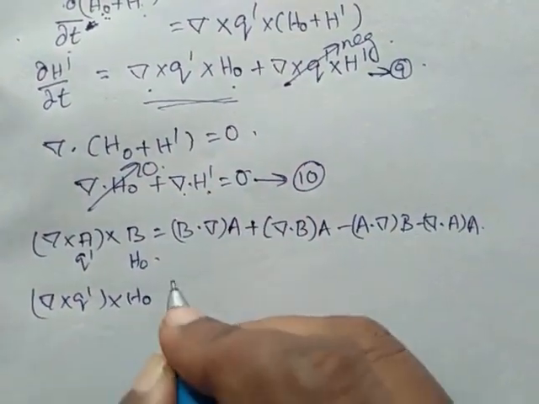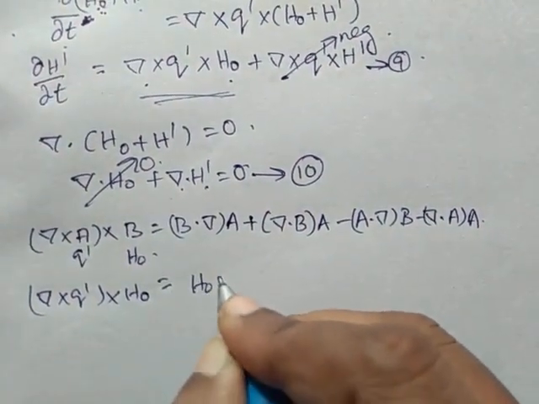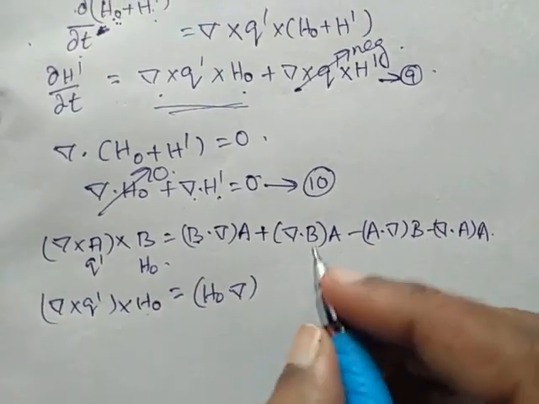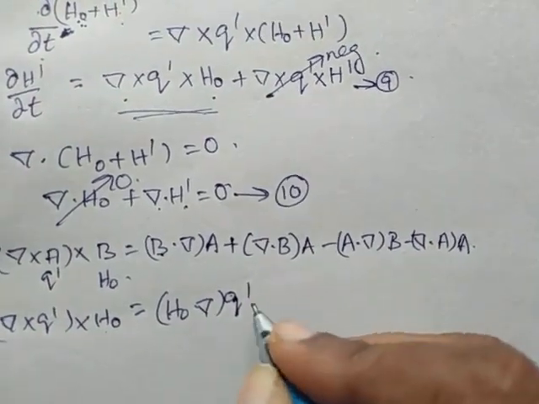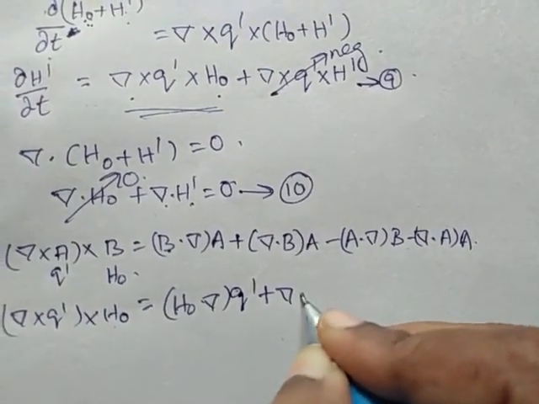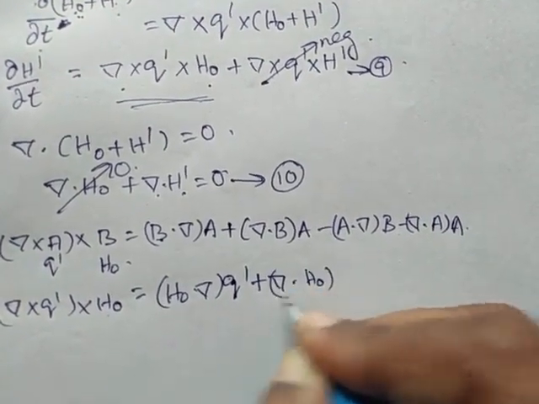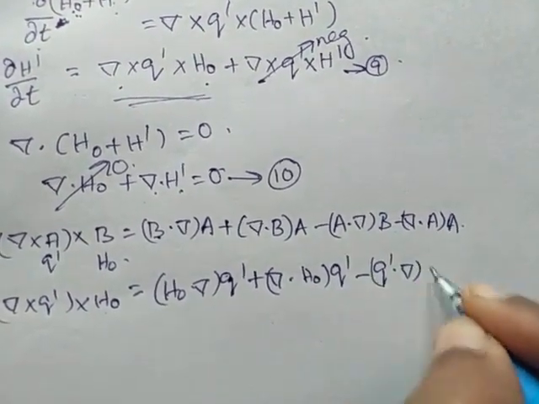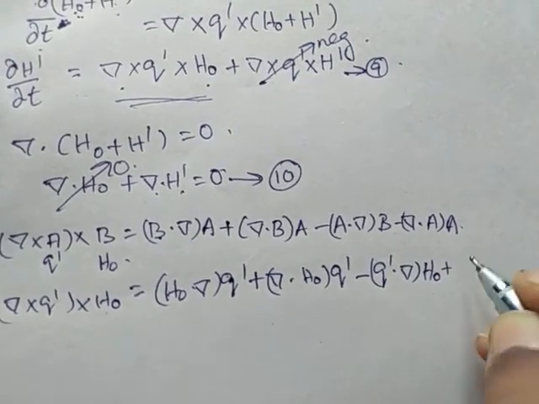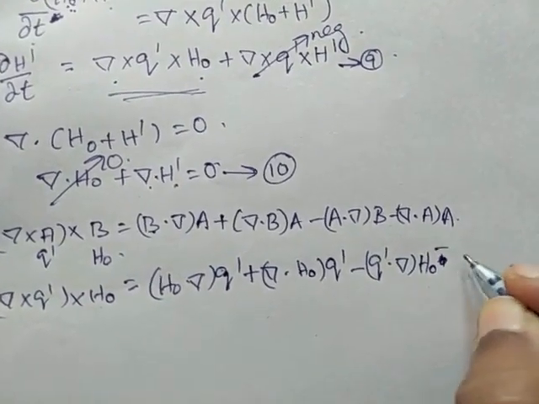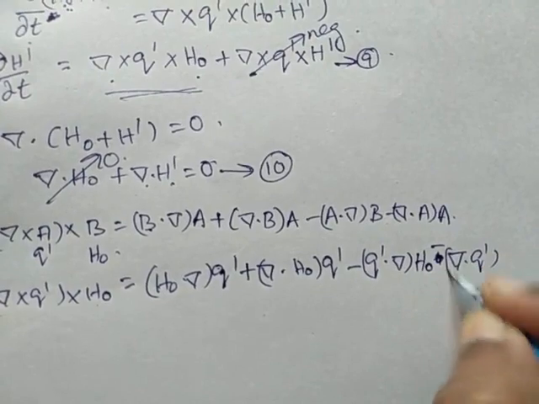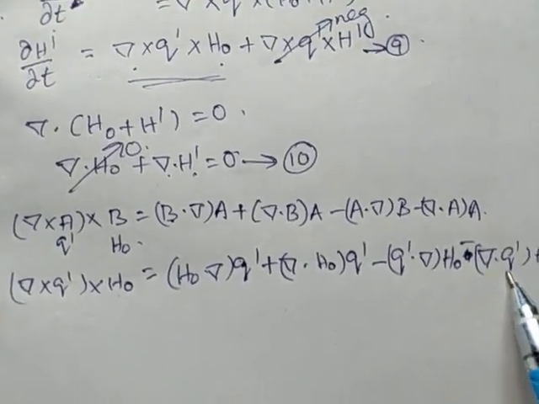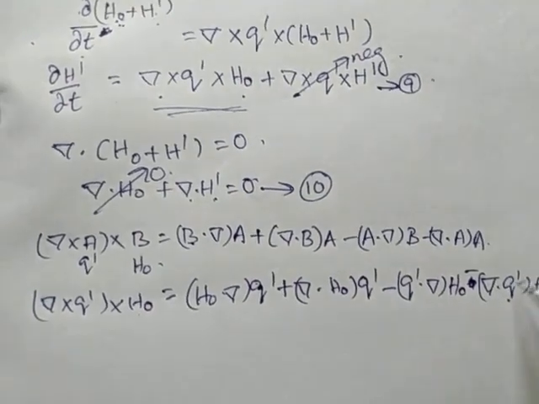So ∇ × (Q' × H₀) is equal to H₀·∇Q' plus Q'(∇·H₀) minus Q'·∇H₀ minus H₀(∇·Q'). From our continuity equation, we already derived ∇·Q' is 0.